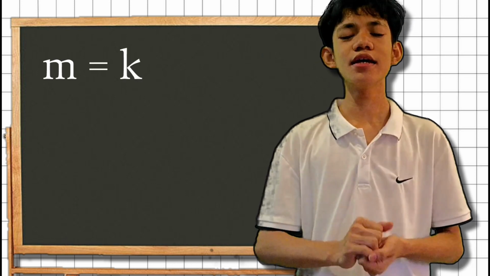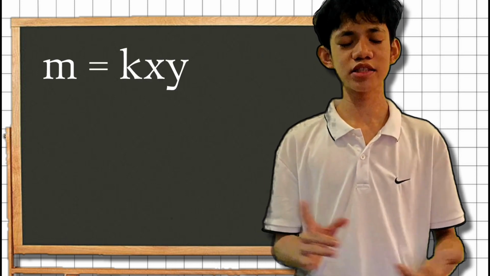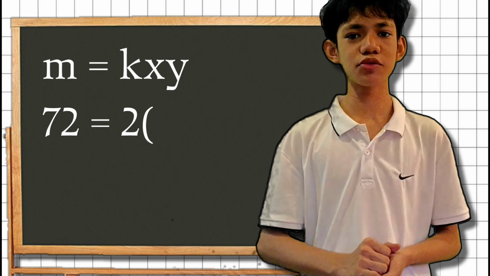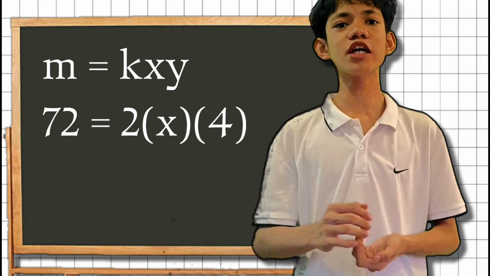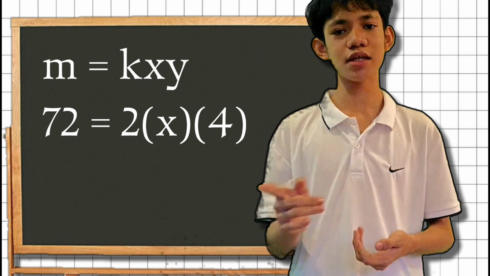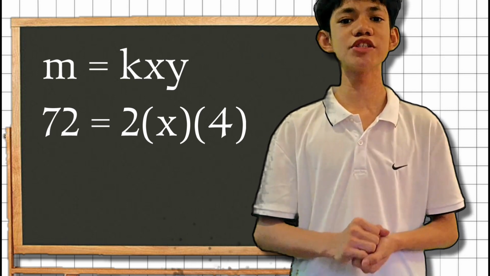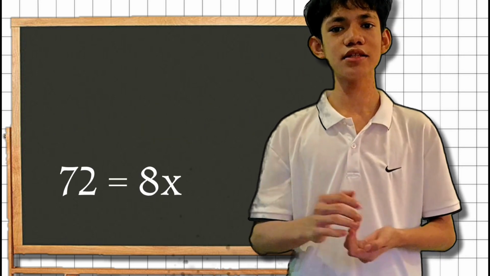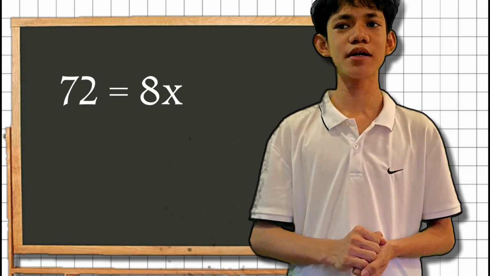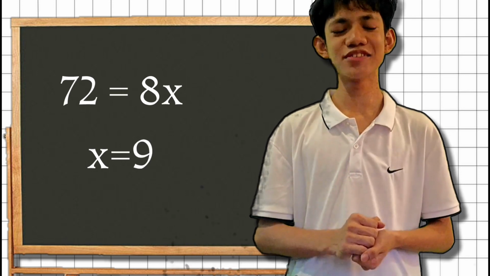Again, our equation is m is equal to kxy. Substitution: 72 is equal to 2 times x times 4. 4 times 2 is equal to 8, so 8x. Our equation will be 72 is equal to 8x. Divide both sides by 8, and 72 divided by 8 is equal to 9.